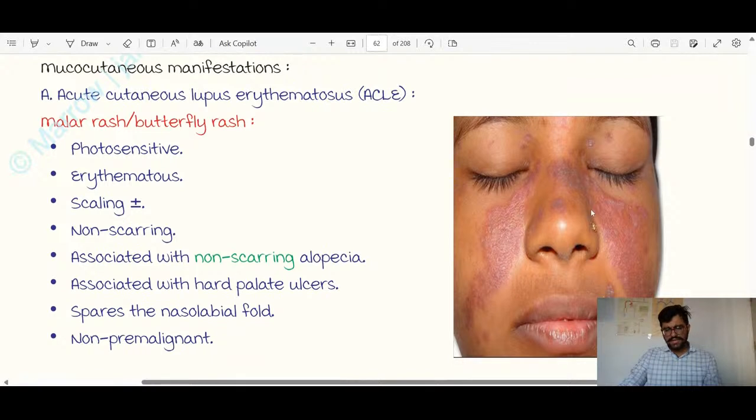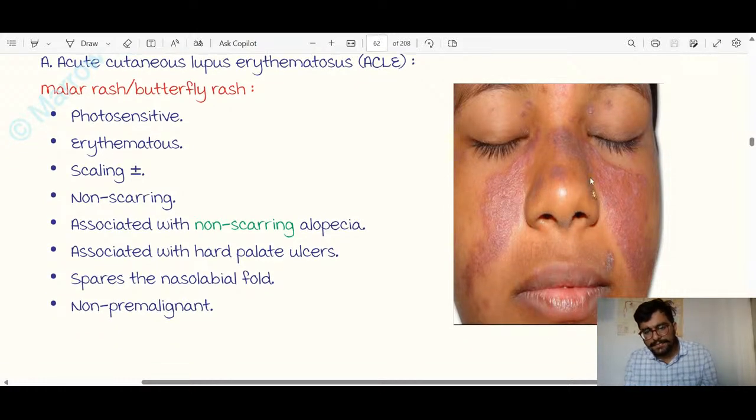You can see this face, the malar butterfly rash will be seen in this patient. You can see the rash is a butterfly shaped rash.